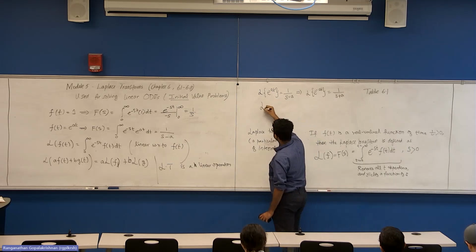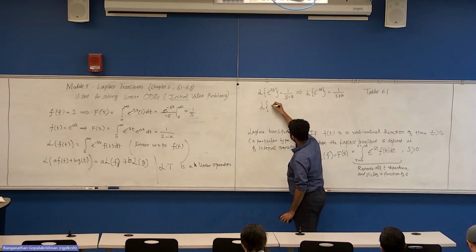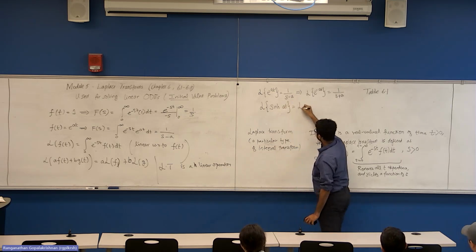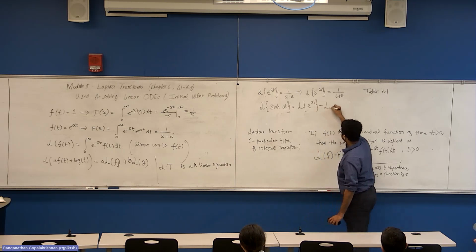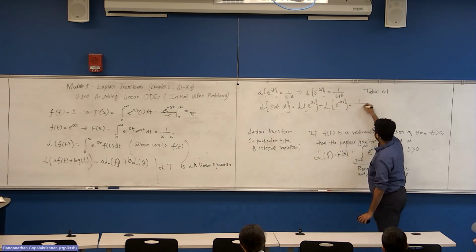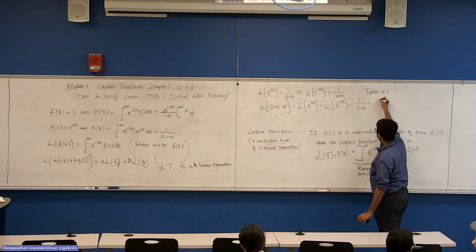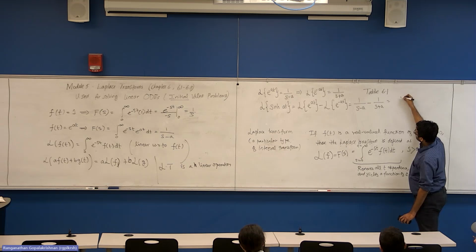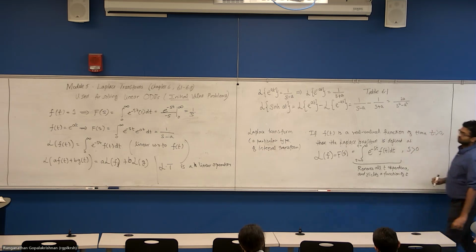Okay, so you should know how to use it. So if I ask you what is the Laplace transform of, let's say, sinh, hyperbolic sine of at, this would be the transform of e power at minus the transform of e power minus at, which is 1 over s minus a minus 1 over s plus a. So that would be 2a divided by s squared minus a squared.